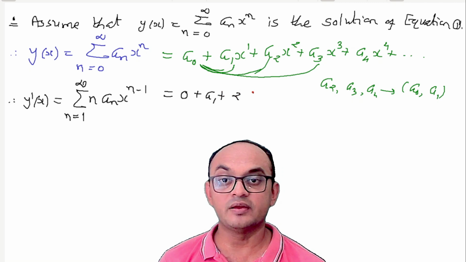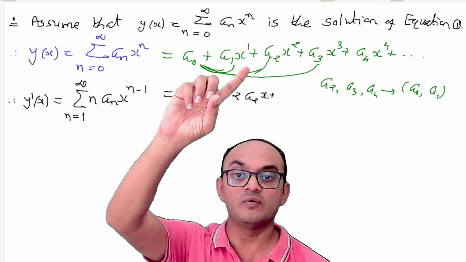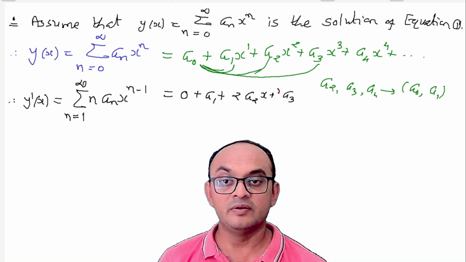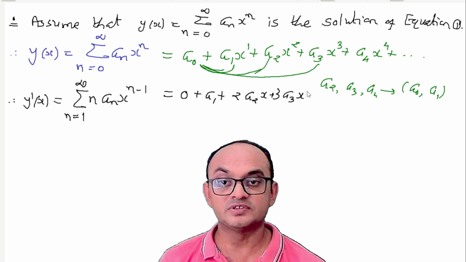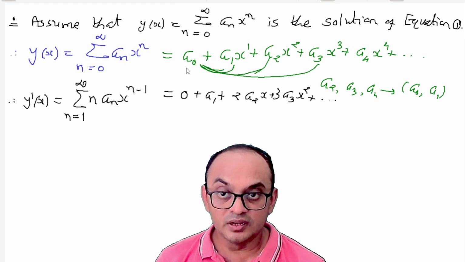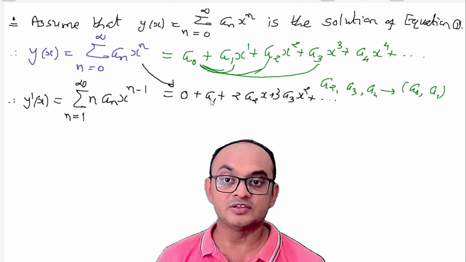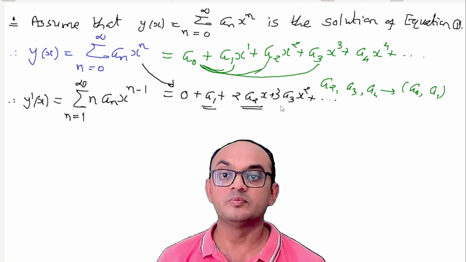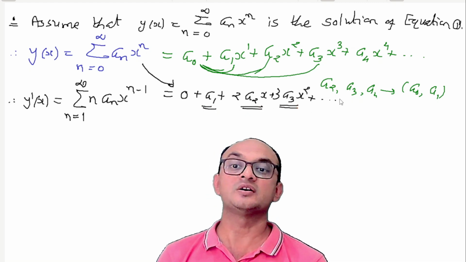So it is 2 times a2x, right? What is the derivative of a3x cube? So a3 as it is. Derivative of x cube is 3 times x square and so on, right? So the derivative of this is actually a1 plus 2a2x plus 3a3x square and so on.